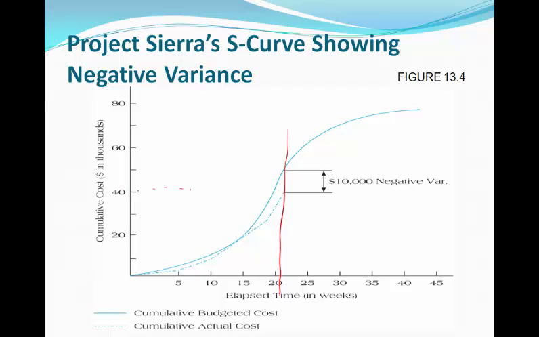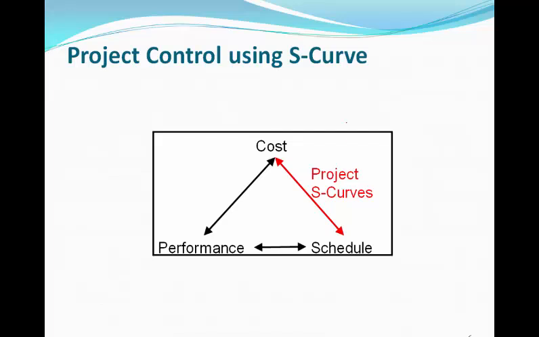Again, we're not sure if we're in fact 50% done with our project. So that's the downfall of just relying on S-curves. The S-curve focuses on tracking cost against schedule, but it doesn't tell us our performance against cost and schedule. And that's one of the drawbacks of only relying on S-curves.